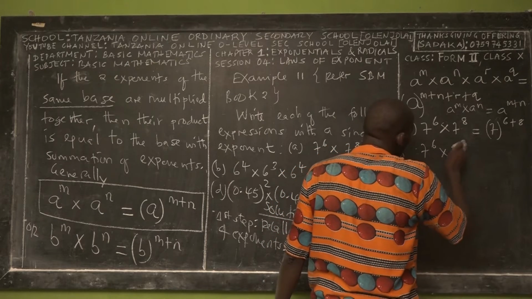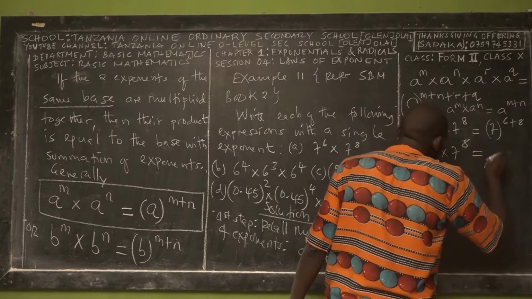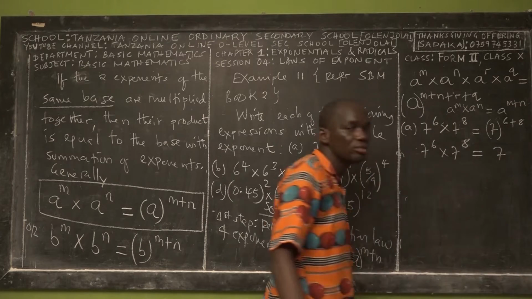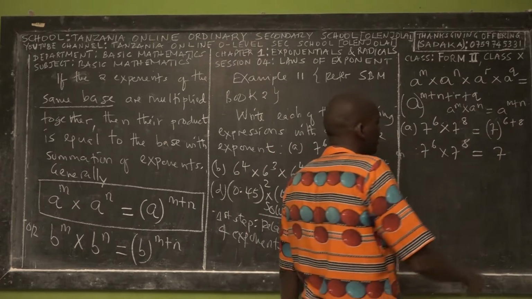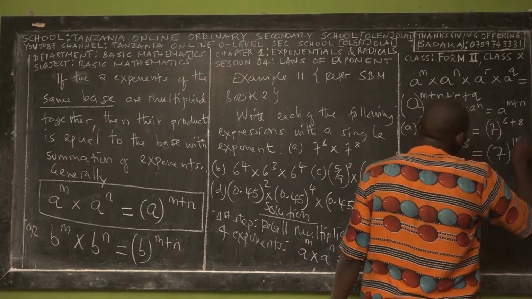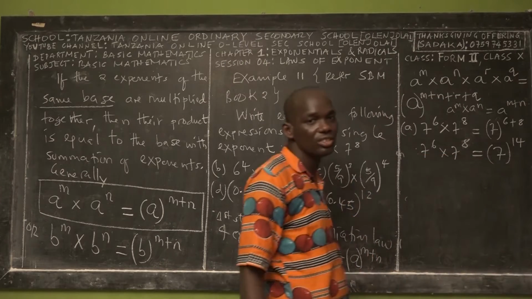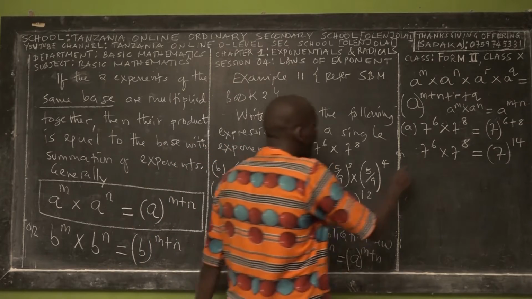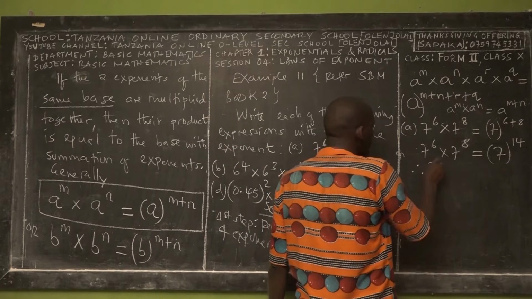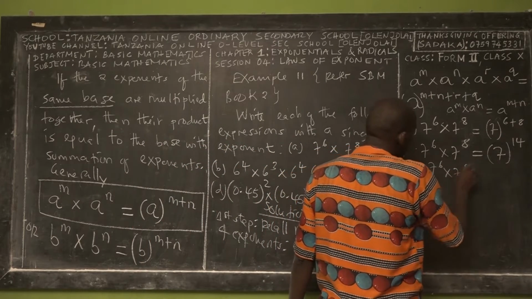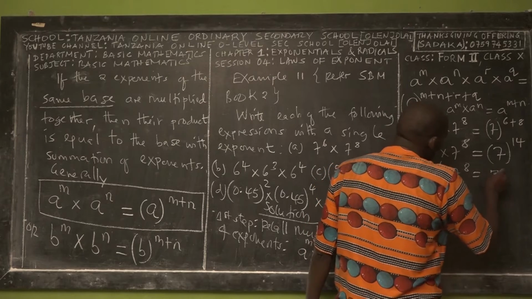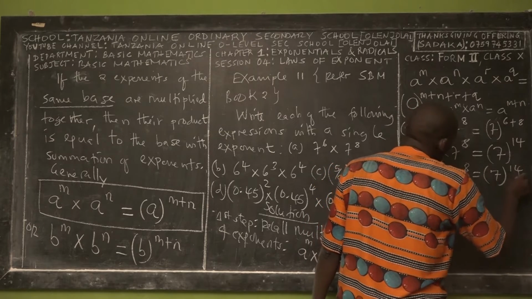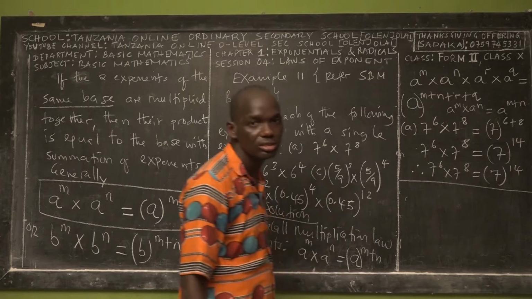I have my physical students here who are really sleeping. 6 plus 8 is equal to what? 48. Hey, they are doing the manual computation. It is 14. Okay? So the response, to write 7 power 6 times 7 power 8 in a single exponent, is 7 power 14.